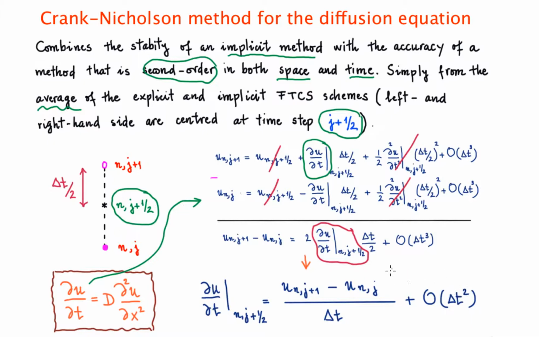Okay, so the next step is to have an approximation, a finite difference representation, for the second order partial derivative of u with respect to x here. We are going to have a finite difference representation for that, evaluated around this intermediate point. I want it to have accuracy of the square of delta t as well.